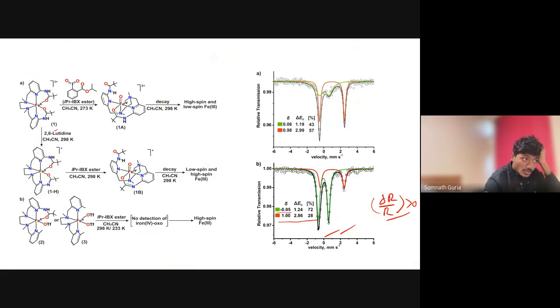These two different intermediates have been isolated by Mossbauer spectroscopy. So it is strong evidence of how much population is present, and that Mossbauer spectroscopy gives a strong result for the population density of each particular intermediate in the system.